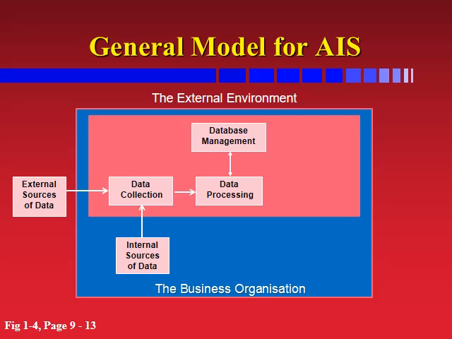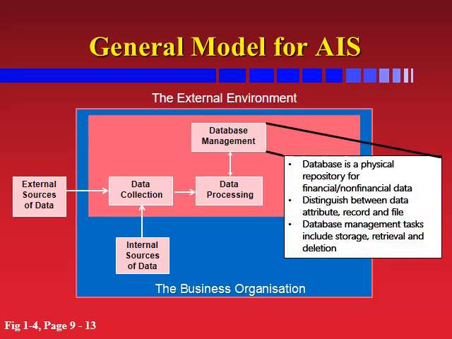For example, a particular customer's name, address, and account balance are data attributes to a single occurrence or record within the customer file.